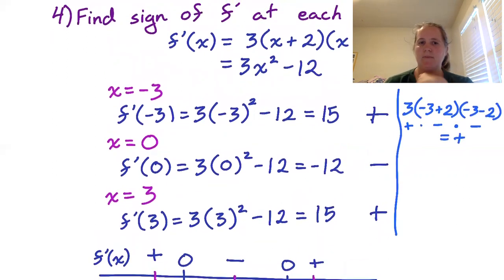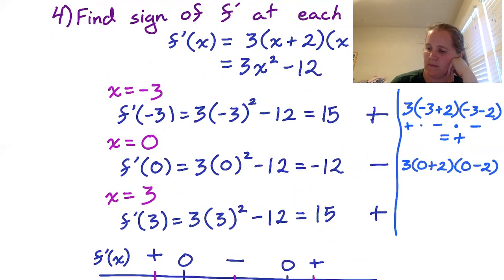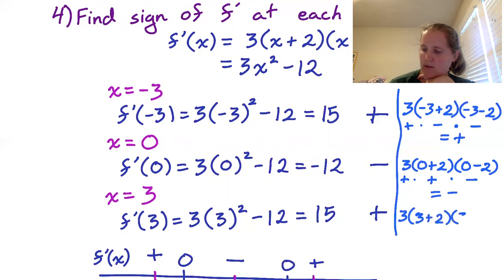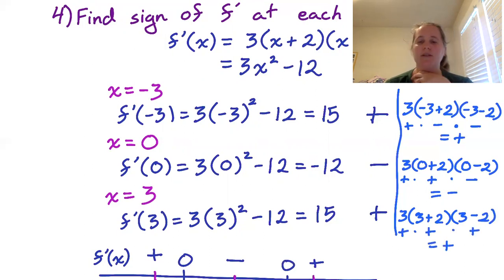Sorry about that, there we go. For x equals 0, we would have 3 times (0 plus 2) times (0 minus 2). So we would have a positive times a positive times a negative, or get a negative result. In this last one, we have 3 times (3 plus 2) times (3 minus 2). Positive times positive times positive, we get a positive result out.